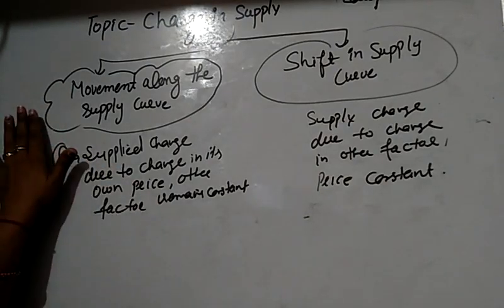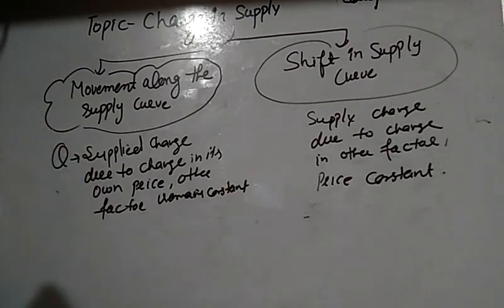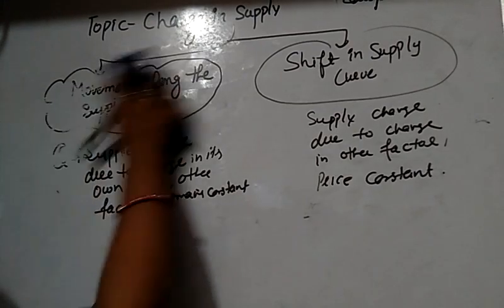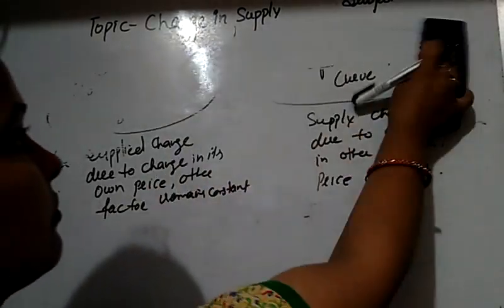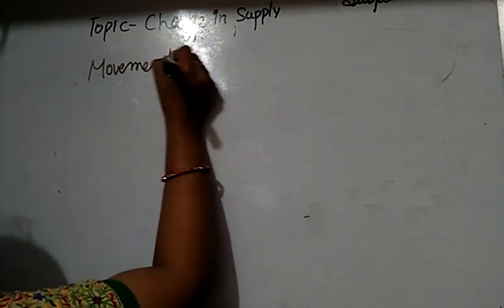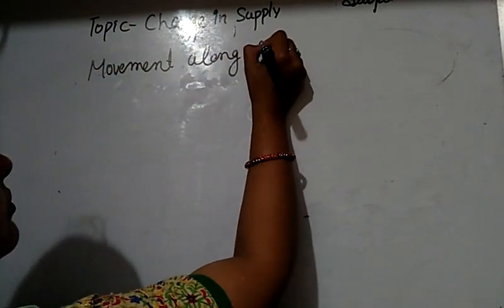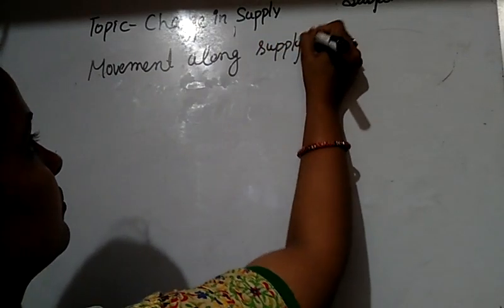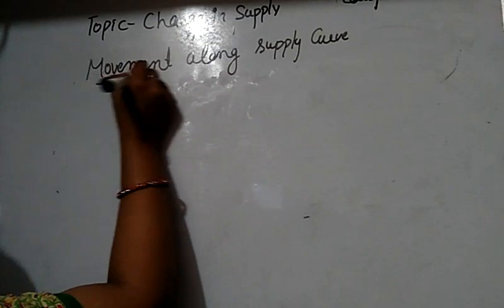So first we do the movement along supply curve. Students, as I told you, the meaning of movement along supply curve is change in price of its own while other factors remain constant.